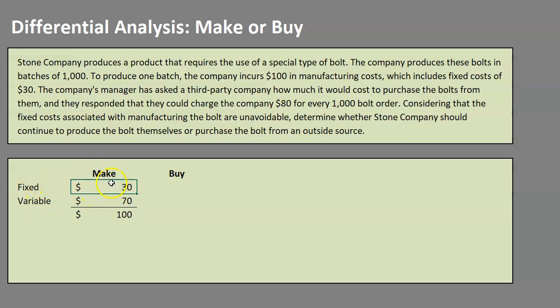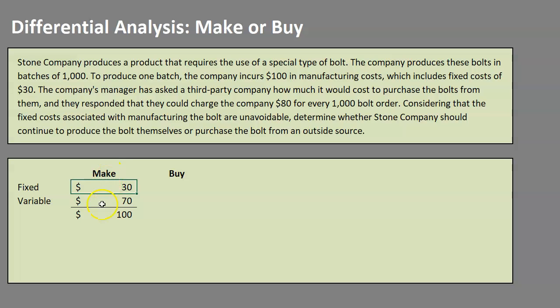So the whole purpose of analyzing this is the part where it says, considering that the fixed costs associated with manufacturing the bolt are unavoidable. This means that if we stop manufacturing this bolt, we are still going to have to pay those $30 in fixed costs. It's simply going to be allocated somewhere else within the manufacturing plant, perhaps to the production of a different piece or of a different product.